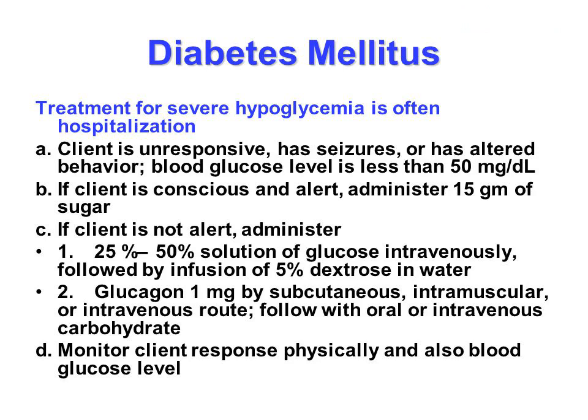C. If client is not alert, administer 1. 25% to 50% solution of glucose intravenously, followed by infusion of 5% dextrose in water. 2. Glucagon 1 mg by subcutaneous, intramuscular, or intravenous route, follow with oral or intravenous carbohydrate. D. Monitor client response physically and also blood glucose level.